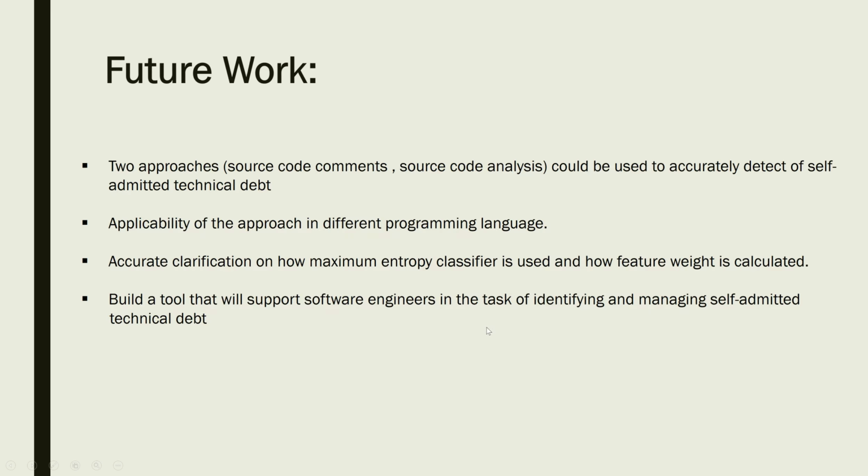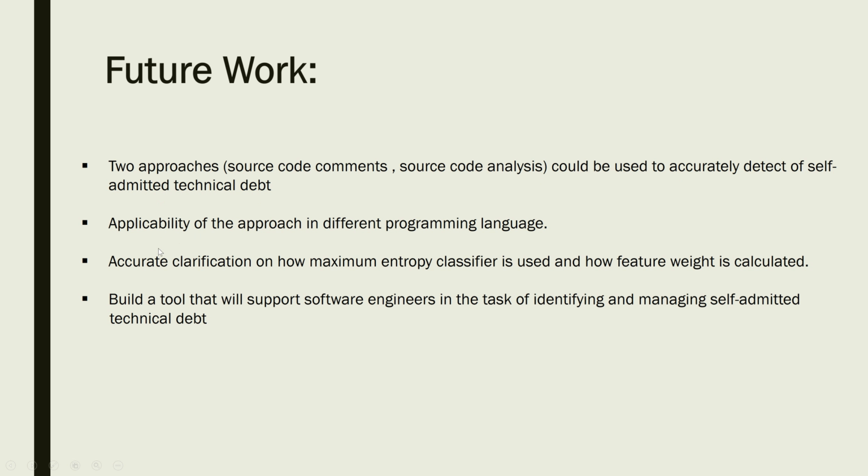In order to improve the paper, I would suggest considering two approaches, source code comments and code smell analysis, in order to accurately detect self-admitted technical debt and make the study applicable to different programming languages.